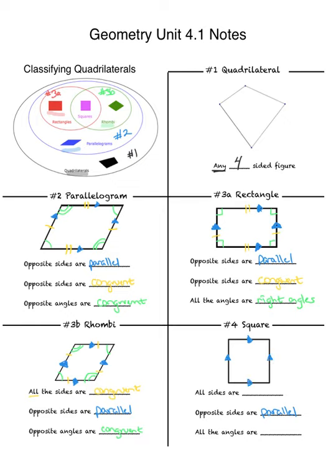All sides are congruent because a square is also a rhombus. And all the angles are congruent. There we go. Let's go to the next page.